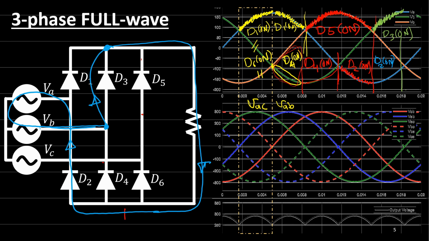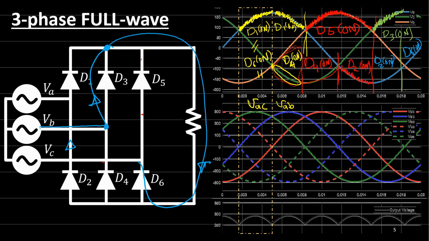The last case, which is the sixth one, number 6. So diode 3 is on, and here VC is smaller than other voltages, so diode 6 is on. So it will go through this.